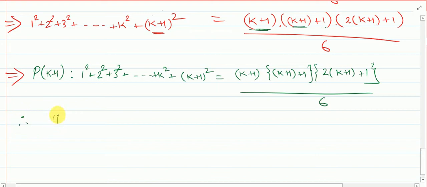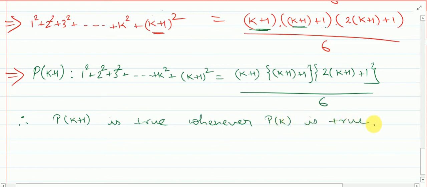Therefore P(k plus 1) is true whenever P(k) is true. Clear?